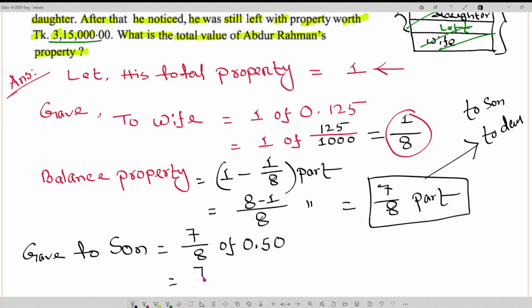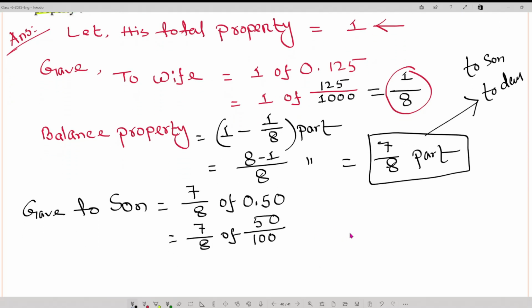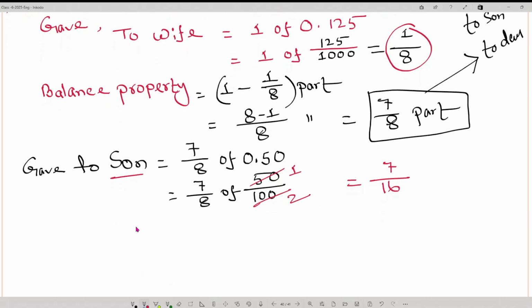So this one is 7/8 of 50/100. Here is 1 and here is 2, we can divide by 50. So the answer is 7/16, which the son gets.